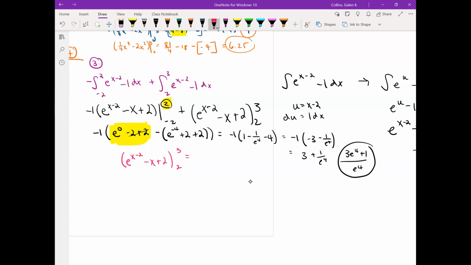When I plug in the 3, e to the 3 minus 2 is just e to the first power minus 3 plus 2. And then I'm going to subtract from that what I get when I plug in the 2, which is just the number 1, like we got it and then simplified it. All right, so that's e minus 3 plus 2, which is minus 1, minus another 1.